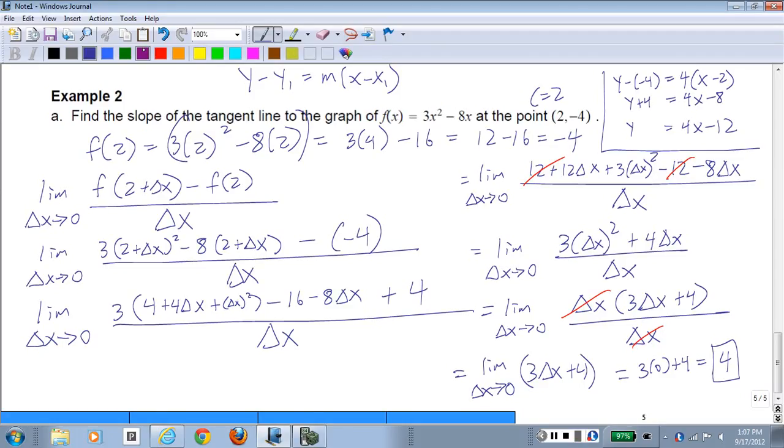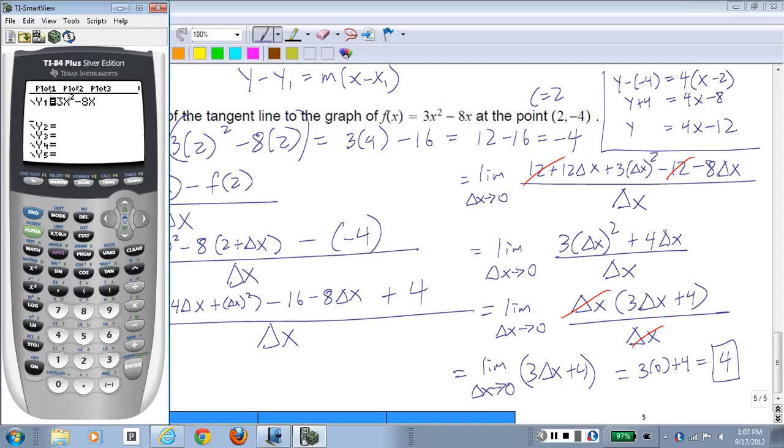So here goes. Y equals 4x minus 12. Does that look okay at the point (2, -4)? That seems all right.